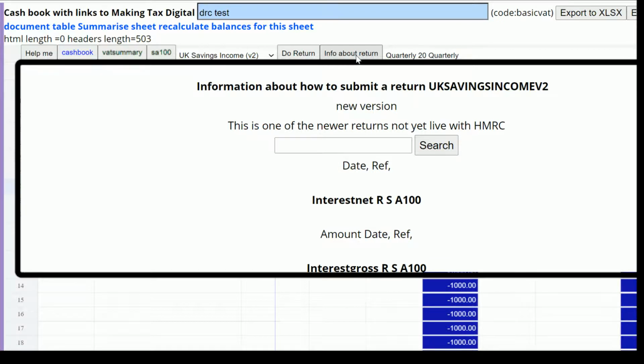The only quarterly submissions are the ones on property and self-employment, and those are the only submissions which at the moment require digital records, but we have built that into the system for the other ones as well. So there you go, that's a rough introduction into the different types of submissions that are available under MTD itself.